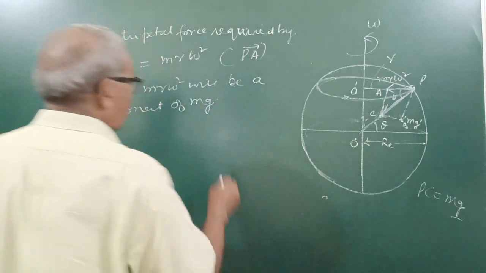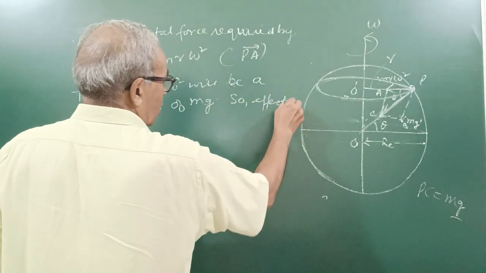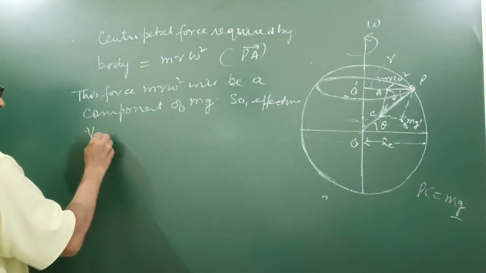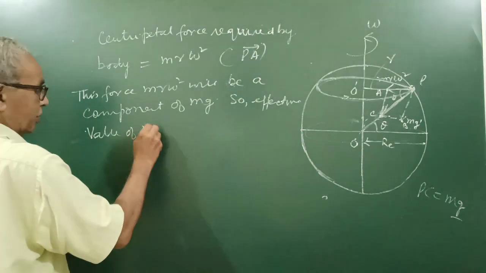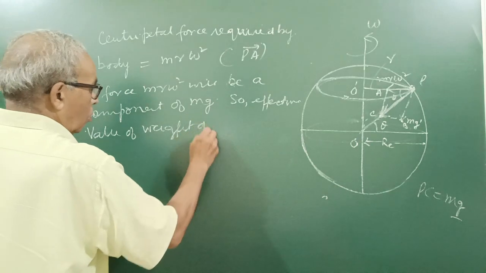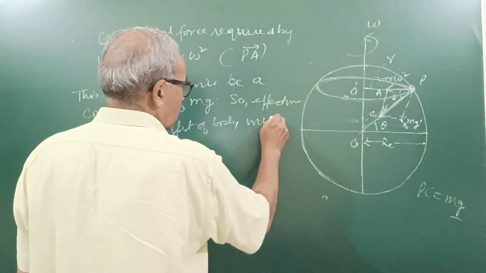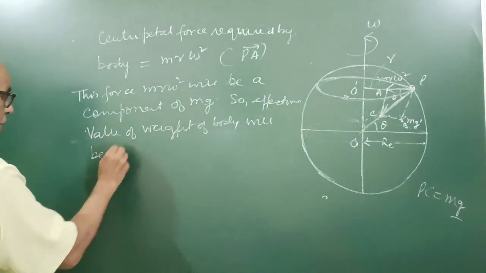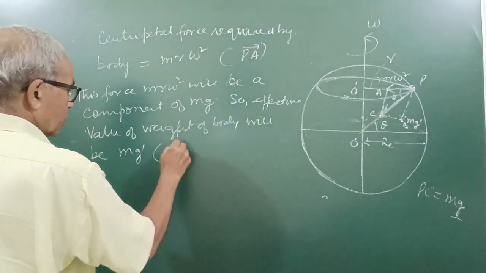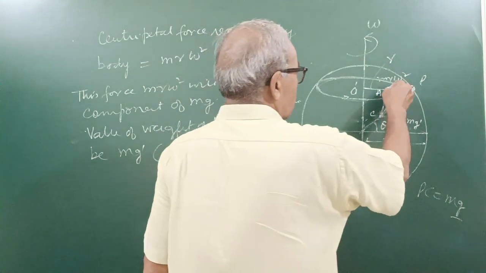So the effective value of weight of the body will be mg dash, which is along PB. Vector PB now represents the effective weight, which is also equal to AC.